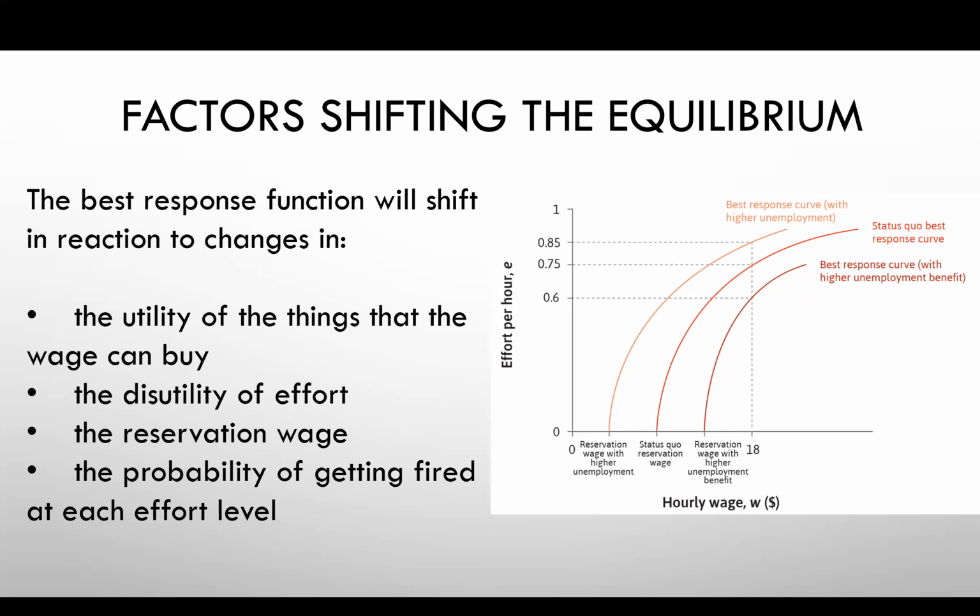The reservation wage: if you know that at another job you'll get the same wage as you are at this job, you will not be motivated to work hard because you have no fear of being fired. And the probability of getting fired at each effort level: if you know that you're close to being fired, you will exert more effort per amount of money you're paid in order to ensure that you keep your job.